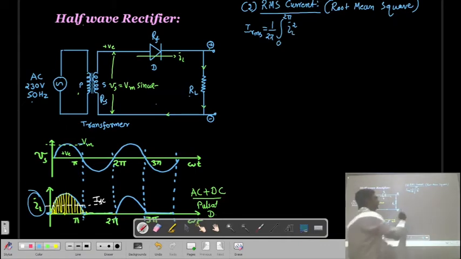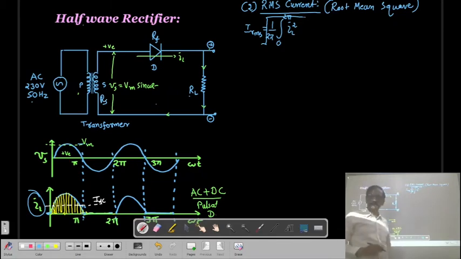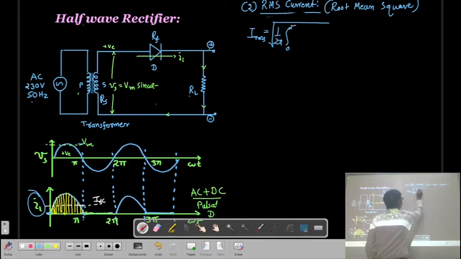And then we take the root. So this expression will give you the RMS value of the current. I will write it again: I_RMS equals the square root of 1 upon 2 pi, integration from 0 to 2 pi of I_L squared d omega t.